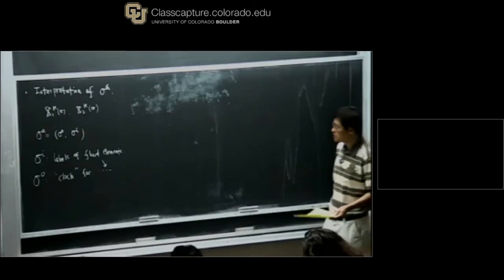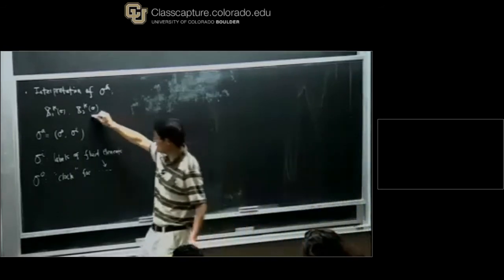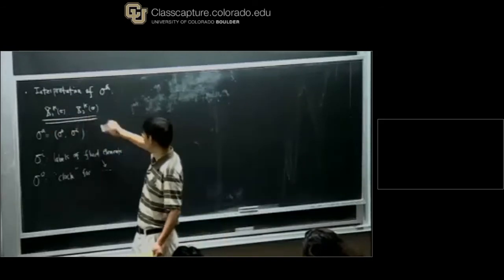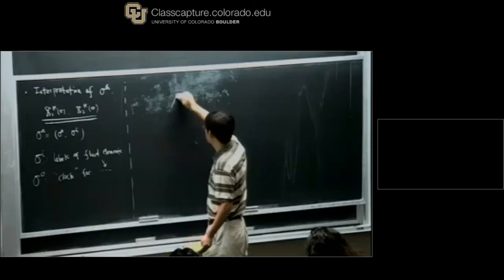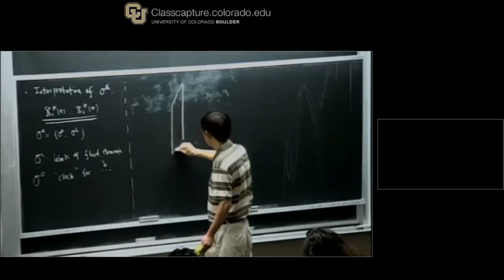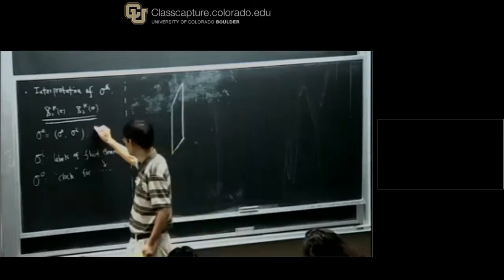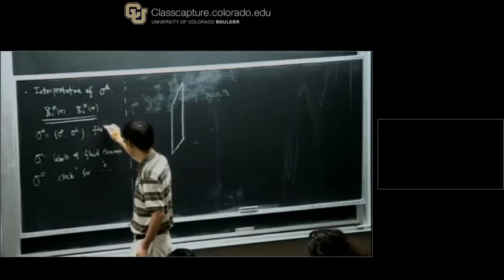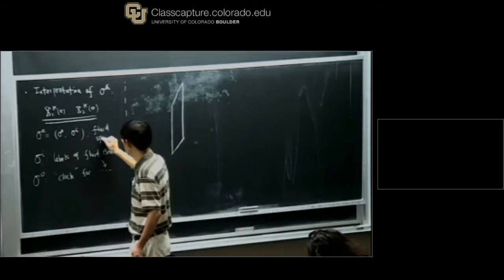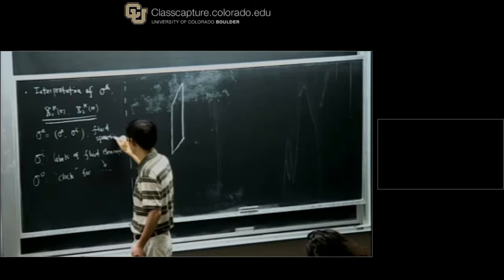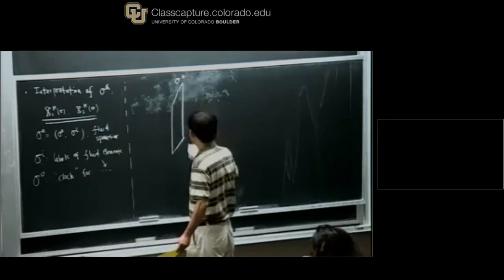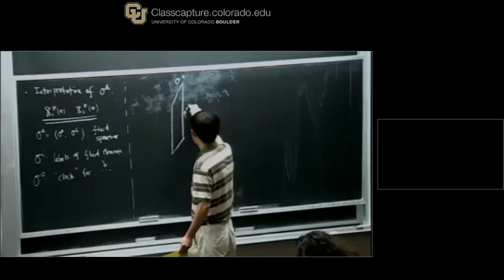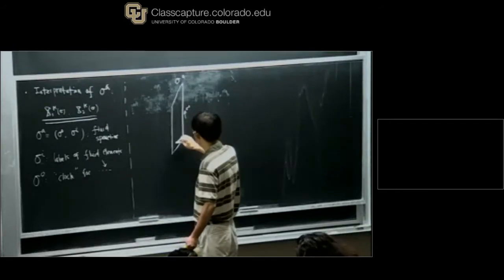So now this has a very simple physical interpretation. We have this fluid space-time. Let me call this a fluid space-time because of this interpretation. So now, this is sigma a. Suppose this is the sigma 0 direction, and this is the sigma I direction.